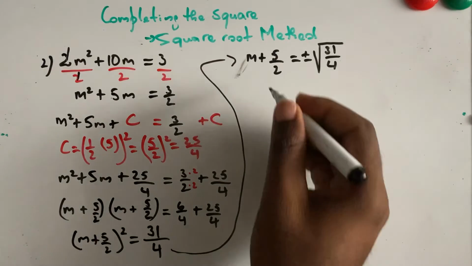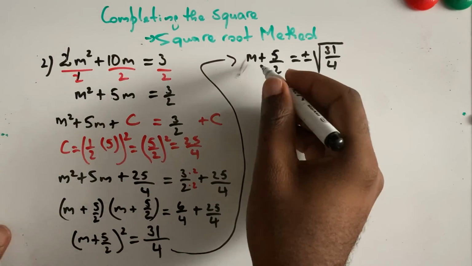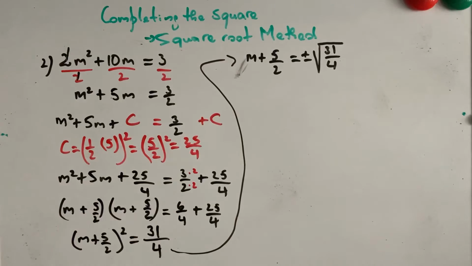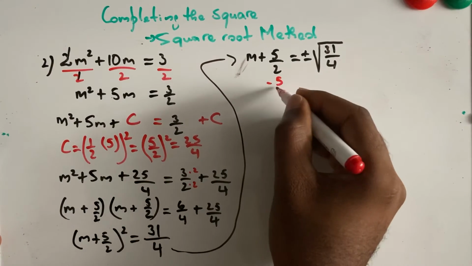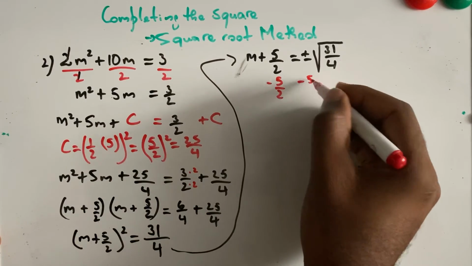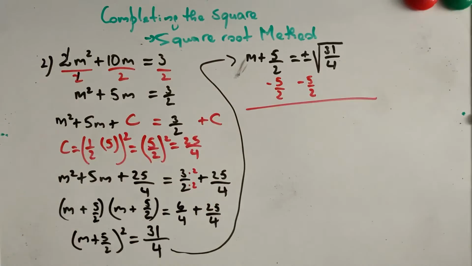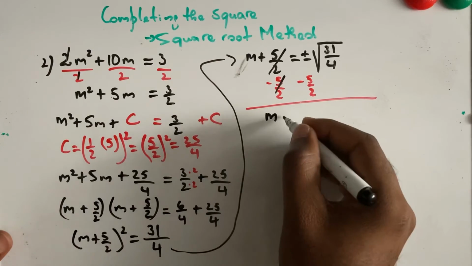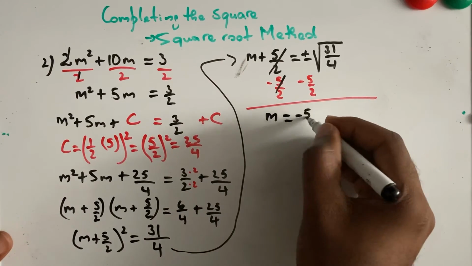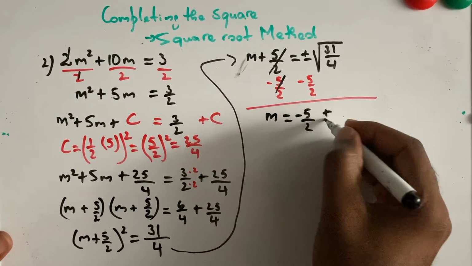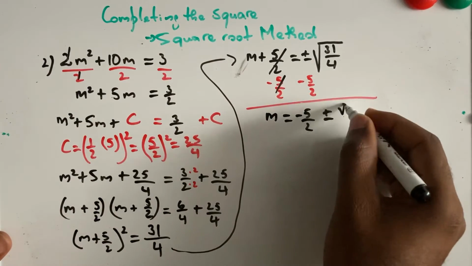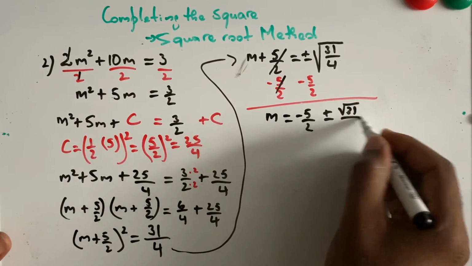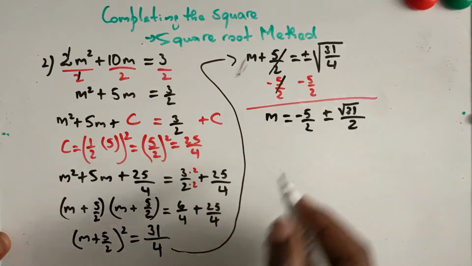Now, I need to subtract 5 over 2 from both sides, okay, and I'll have these two canceled out, okay? Therefore, m is negative 5 over 2 plus or minus square root of 31 over square root of 4, which is 2, okay?